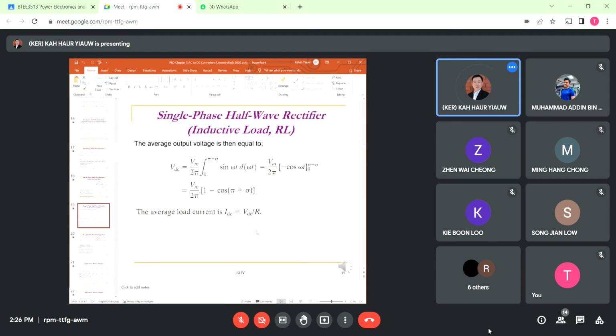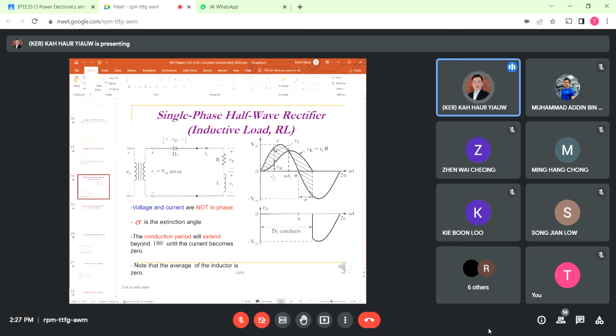We are not considering the L because, as you can see, for every cycle the energy stored inside your inductor is discharged, so the average voltage across your inductor should be equal to 0.